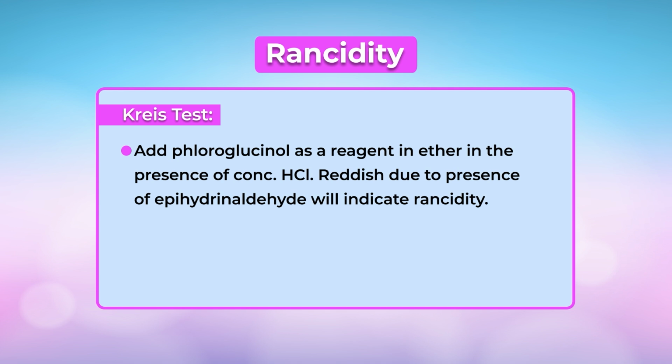We take the sample and add phloroglucinol as a reagent in ether in the presence of hydrochloric acid. If there is a reddish color, it shows the presence of epihydrin aldehyde, and that shows that rancidity is there in the sample. How much rancidity is there?